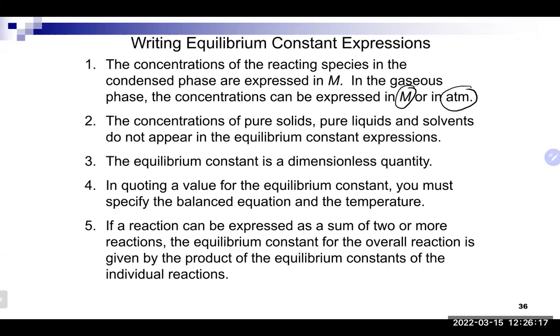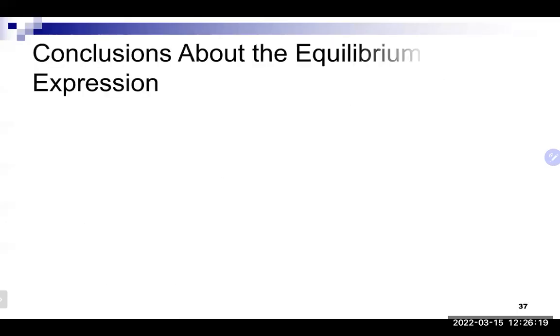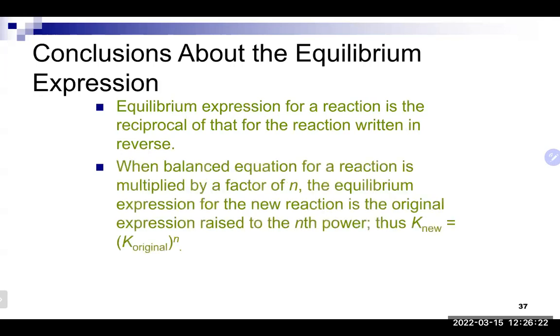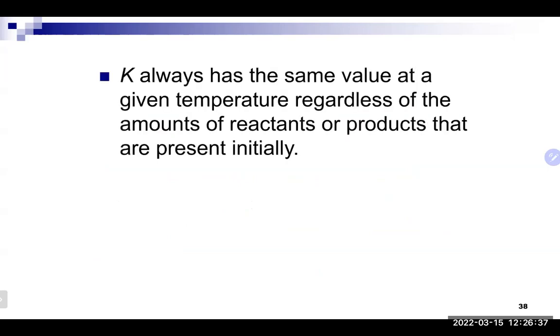If we do some of our manipulations here by adding equations together, we multiply the K values. If we reverse, we take 1 over the K. If we need to multiply by a common number, we take K to that power. And if we need to divide by a common number, we take it to that root.